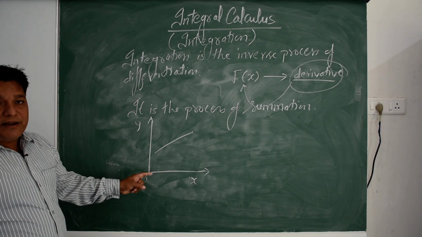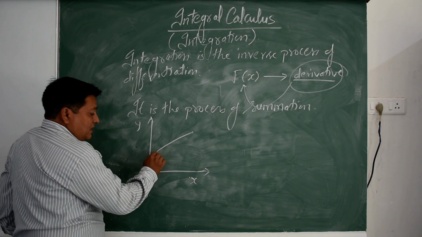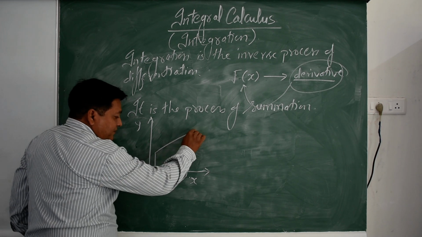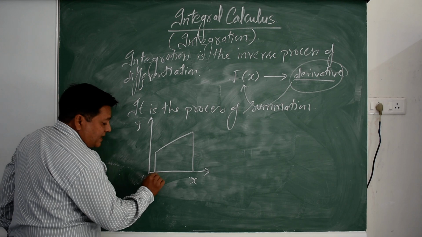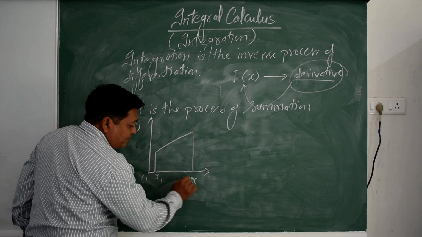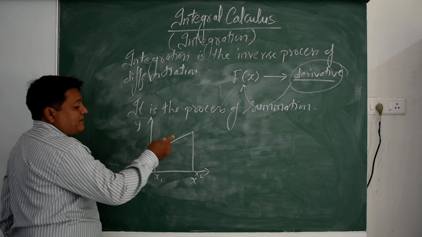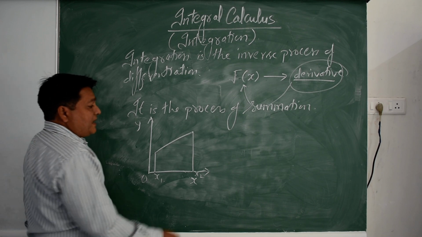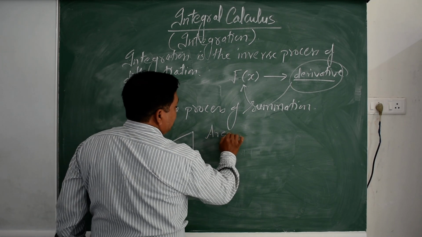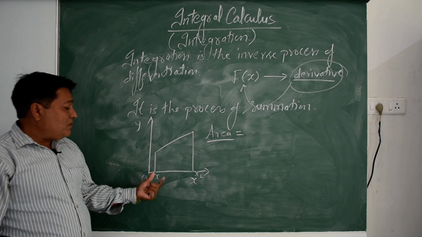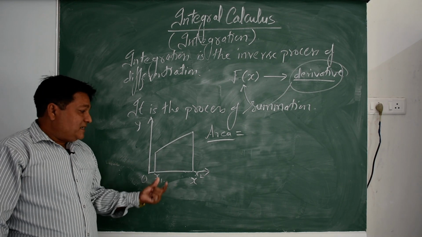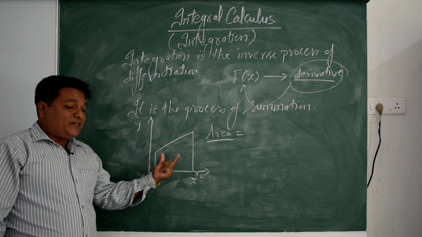If we are asked to find the area under the slope of this graph, then what do we do? We can take out the area under the slope of this graph directly by using the formula of this figure. This figure is supposed to be a trapezium.